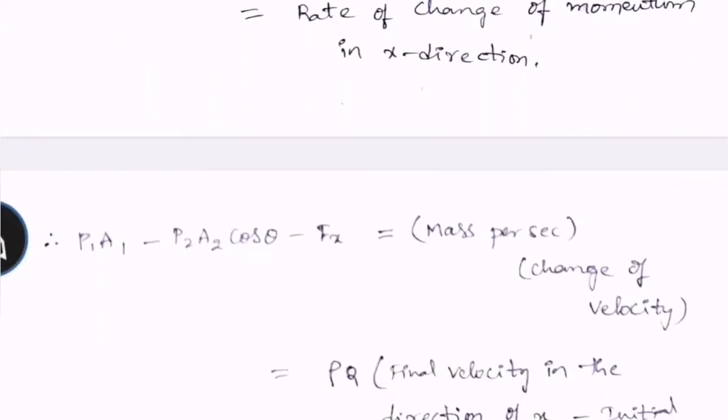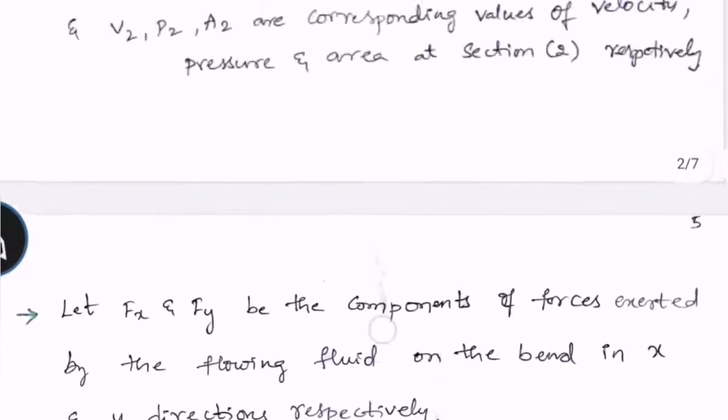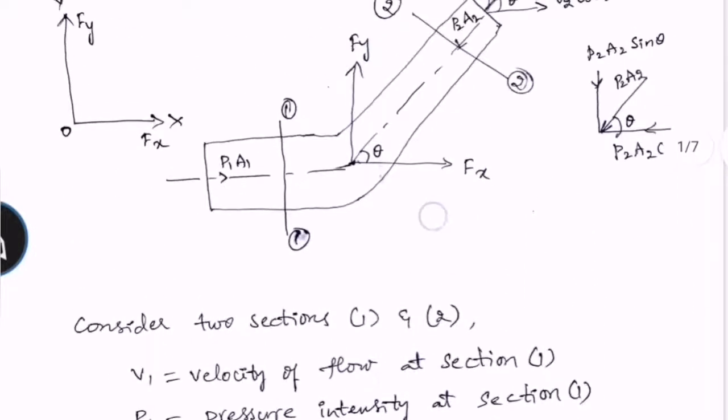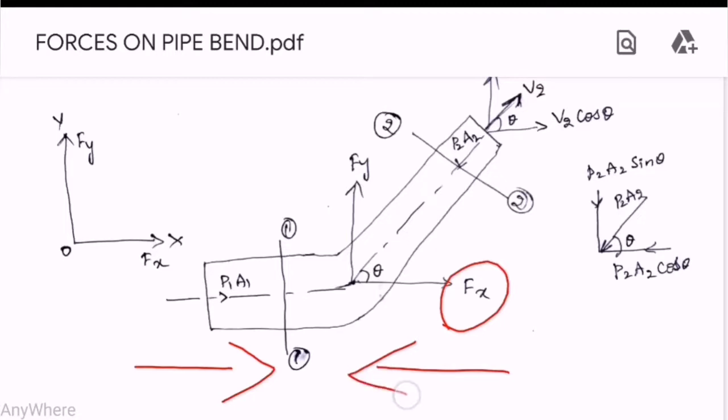So what is the net force we have along the x direction? Coming back to the figure, let's see what forces are acting along the x-axis. The first force is P1A1 and the other force is Fx, but we have to consider it as left side, as I recently discussed in this video.